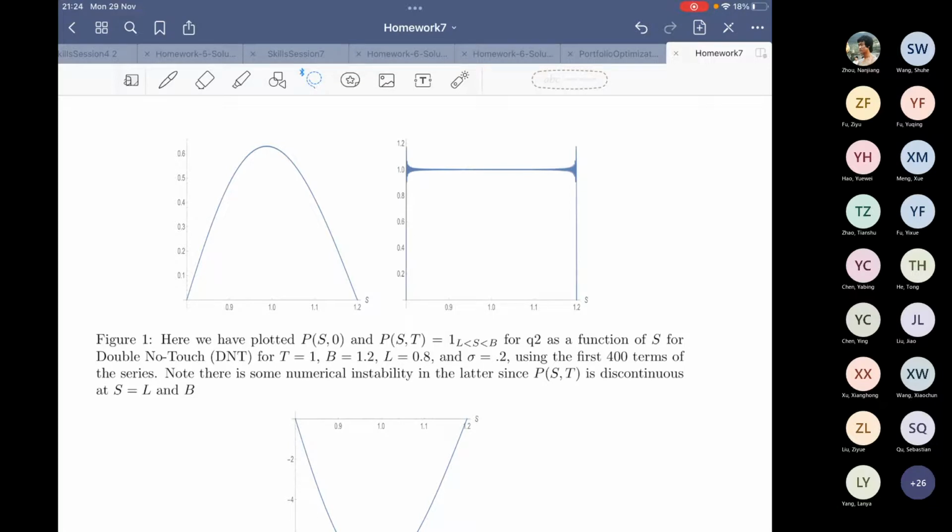At expiry, we know, theoretically in the limit, I just drew it, but I guess we can draw it again. We know we have this kind of behavior. But of course, in practice, you can only compute a finite number of terms in that Fourier series.